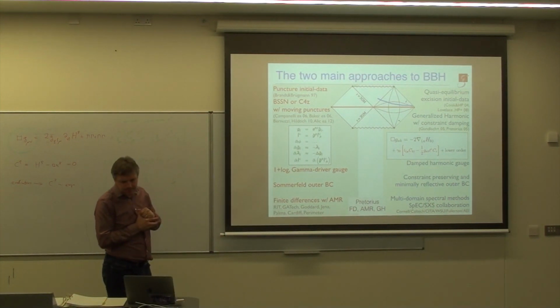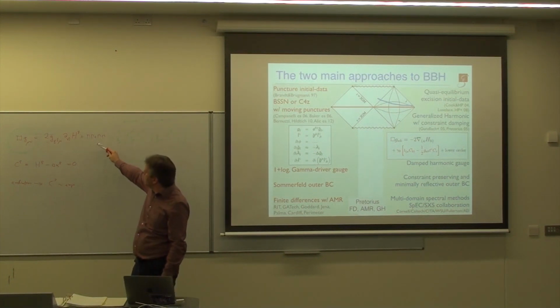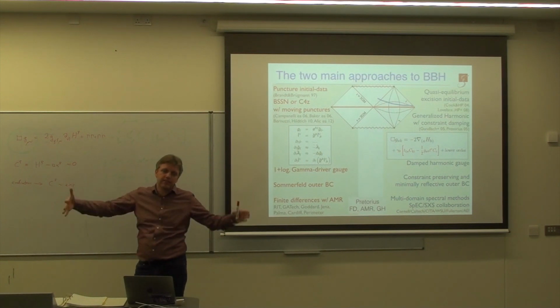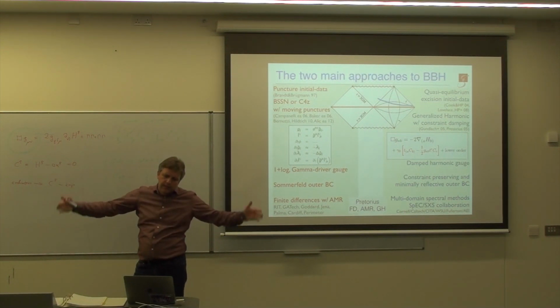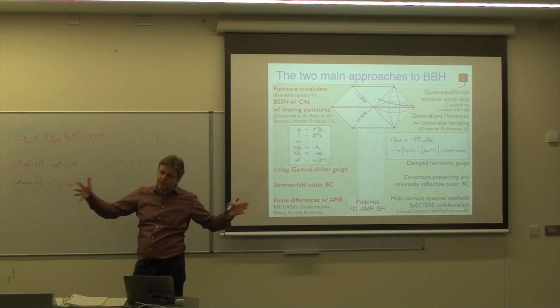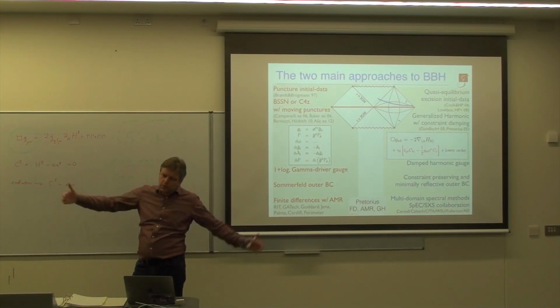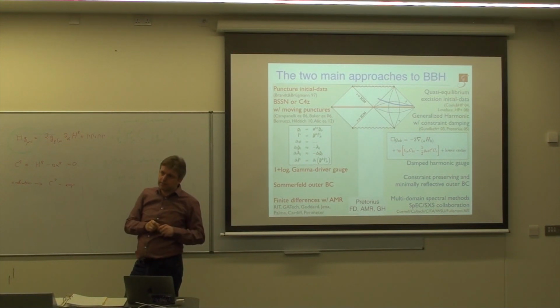Because the scalar wave system that comes out of generalized harmonic has such a simple principal structure, you can actually analyze out all the propagation of information and constraint violations precisely, and you can derive outer boundary conditions that don't have any reflections, and that also don't have any constraint violations entering your computational domain.